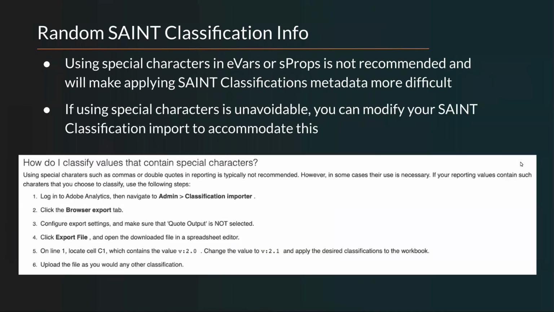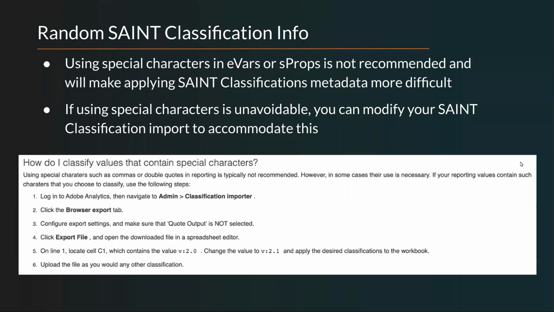The next thing is if you have special characters in your key values, this can really mess up your SAINT classification. So generally, Adobe recommends that you avoid using special characters, commas, extra quotes, and so on. However, if you want to get a little more advanced, in the help area of SAINT, there is a different way that you can change to a different template.